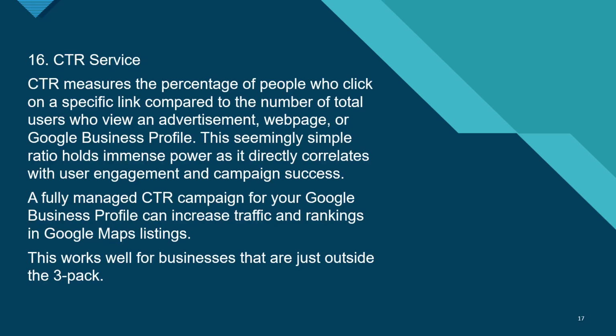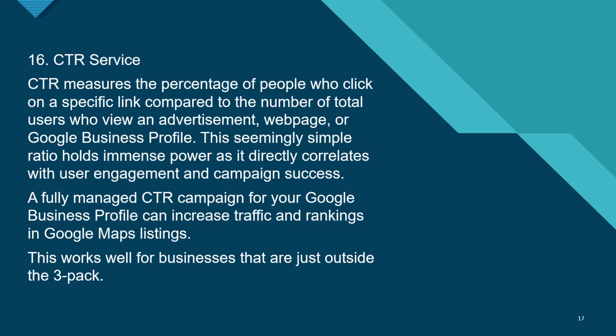It's like having a group of 30 people a day with their mobile phones in different areas, within 1 to 5 or 6 miles from your location. They're either looking for your business by typing it in, or they're looking for a keyword related to your business. Then they find your business and they click on it. That's called click-through rate.